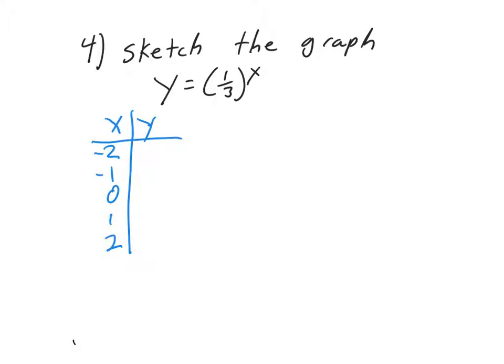We'll get 1/3 to the negative 2 power. Whenever you have a negative exponent, you just flip it and put it on top. So it's going to be 2 to the second power, which is equal to 4.